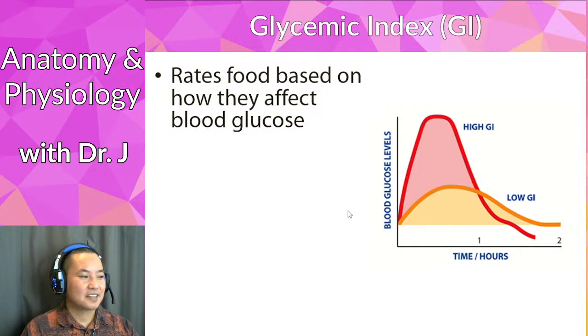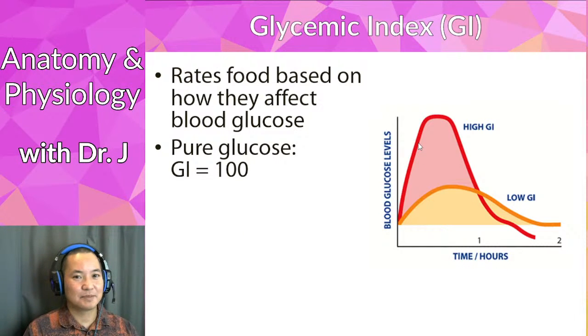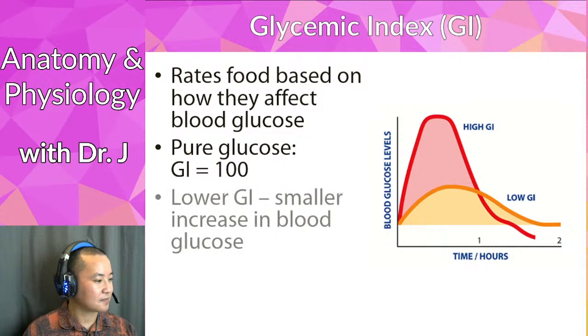So the glycemic index rates food on how they affect blood glucose, and they rate it on a numerical scale. Pure sugar, glucose, is supposed to be 100. Pure glucose is easily absorbed by your body, so it's going to cause a very sudden and short spike right here, and basically it's going to compare this and see how the food compares to pure glucose.